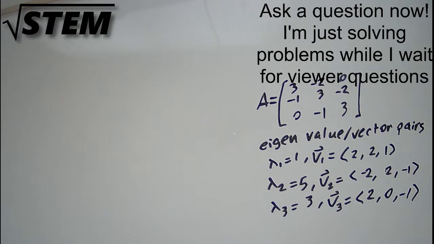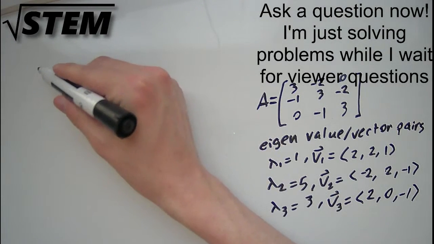And we're also given an extra equality that seems a little random.